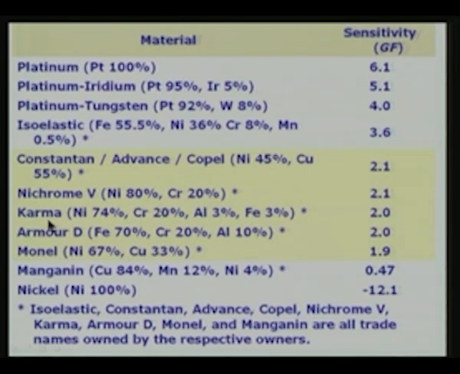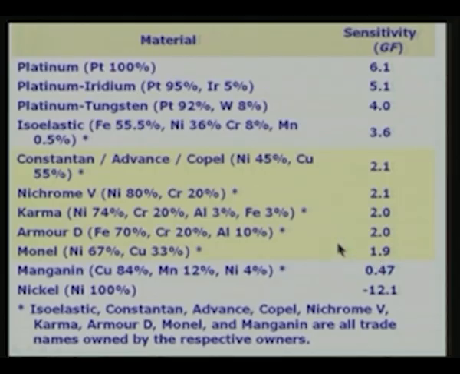There is something called karma. I think it is not coming out right in this. It is nickel 74%, chromium 20%, aluminum 3%, iron 3%. It is again 2. There is something called armour D, iron, chromium, aluminum. Again you see it is close to 2. And then we have monel, nickel and copper in 67% and 33%, we have 1.9.